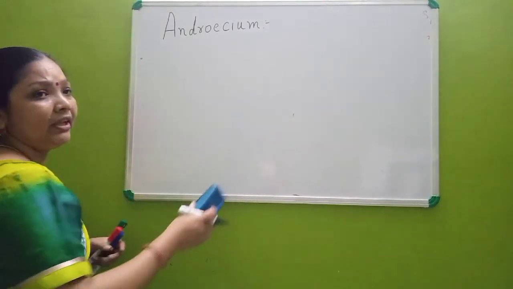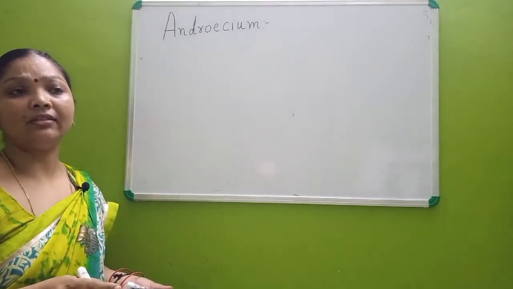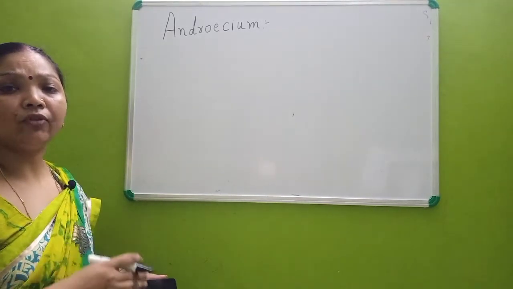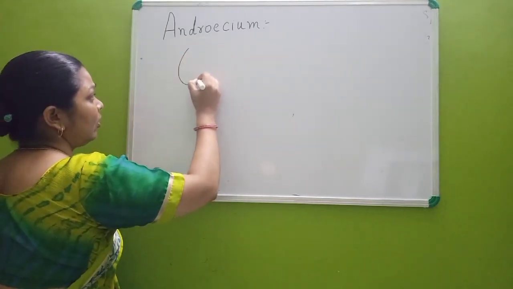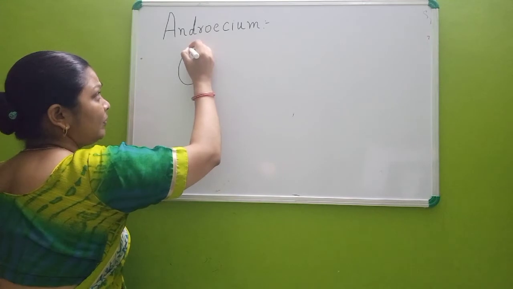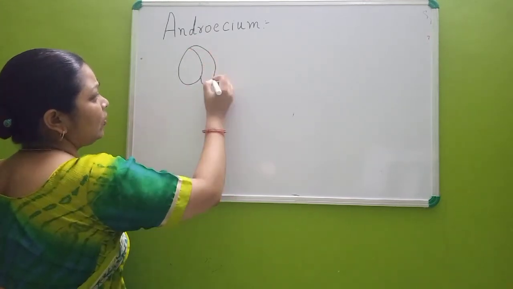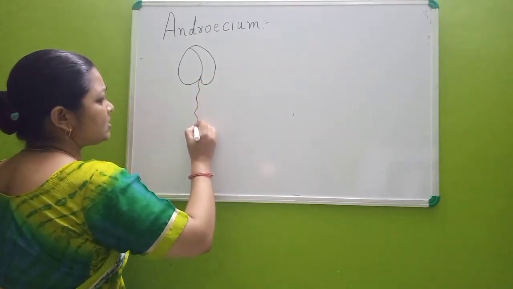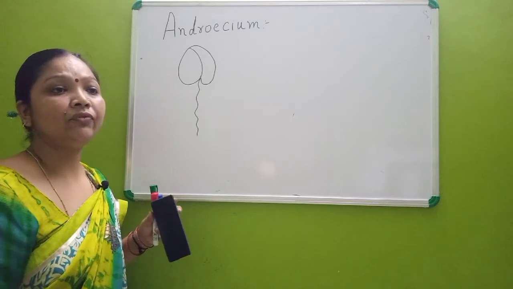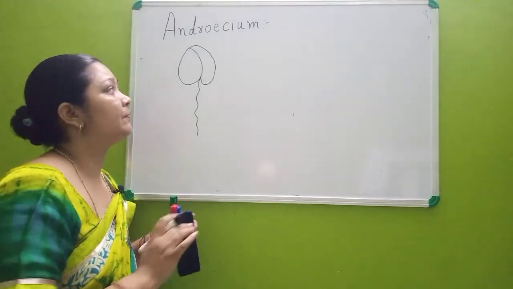Now I am making a diagram on the basis of attachment of anther and filament. I am talking about the bilobed anther or diathecous anther. First is when the anther is attached to the filament directly from its base.